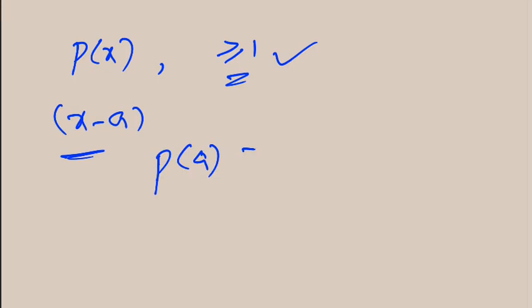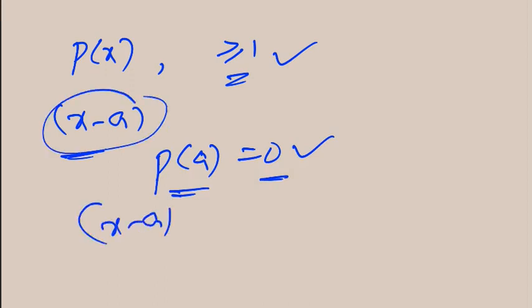P of a is equal to 0. That means the remainder is 0. Then the given x minus a is a factor of the given polynomial p of x. So this is the definition we give for the factor theorem.